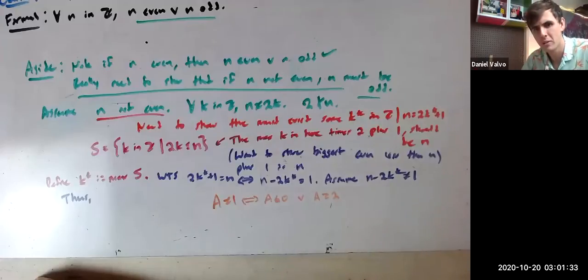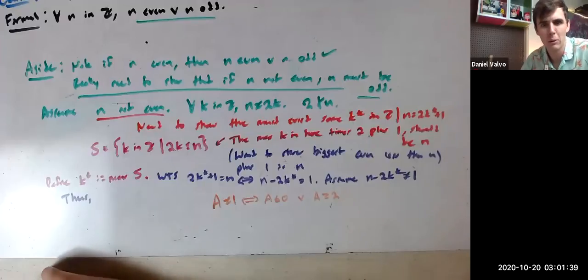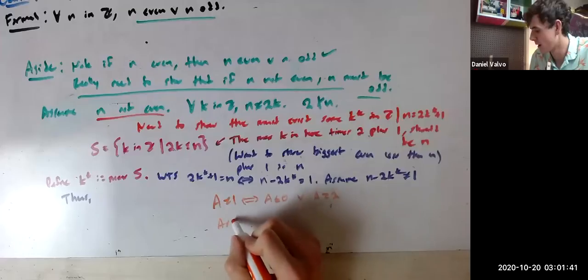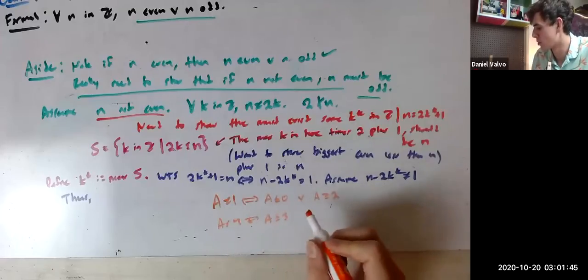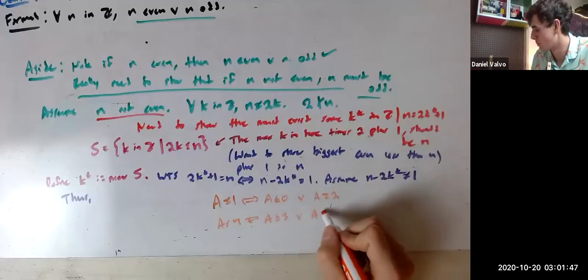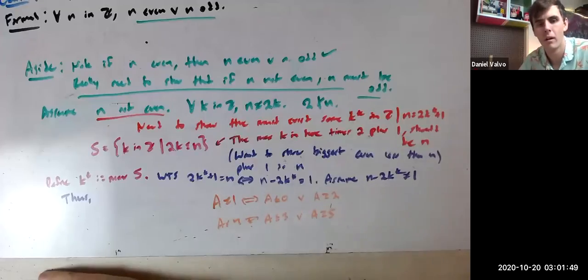Does that make sense? Same deal with if A doesn't equal 4, if you're not 4 years old, then you have to either be 3 or less, or you have to be 5 or more. That makes sense, right?